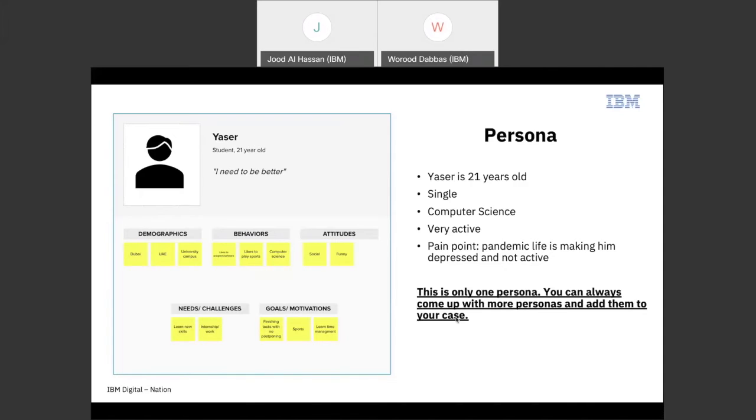So after we create an identification of our persona, we try to get to know this persona even more, about their personality. So we deep dive into their personality. So how can we do that? We can do that through the empathy map.